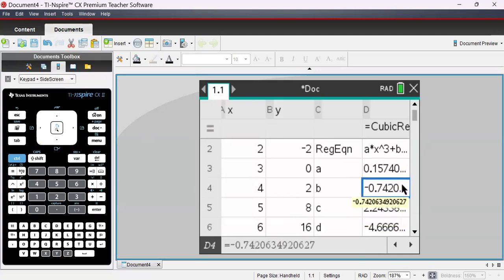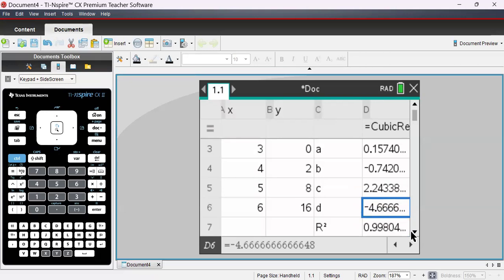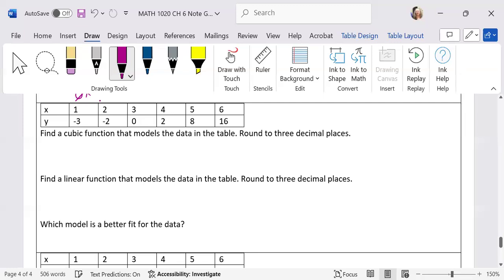57 minus 742. C is 2.243. D is -4.667. And just as a note, I'm going to put the R squared value. So let's go back over here and write this out.